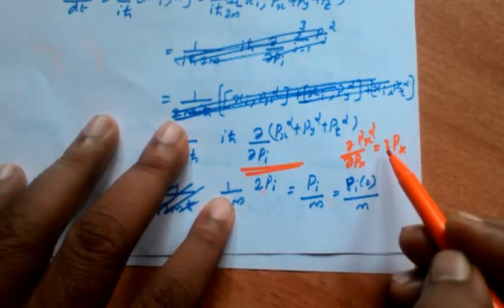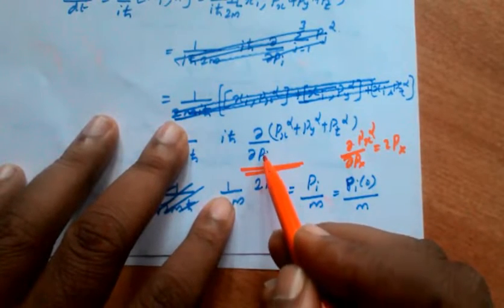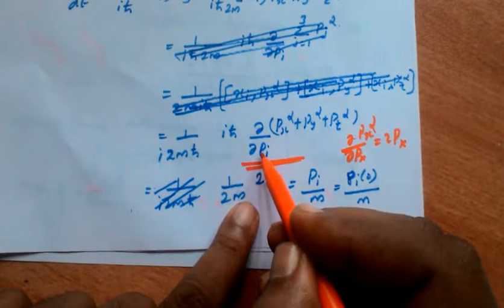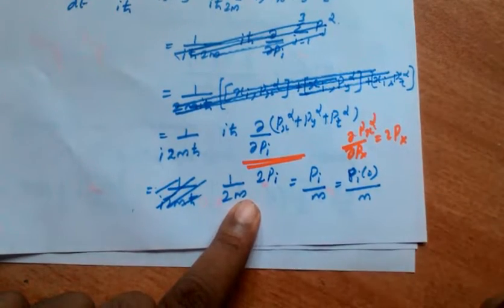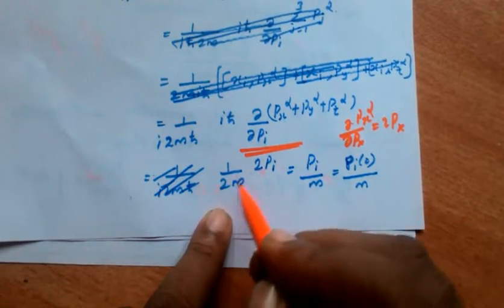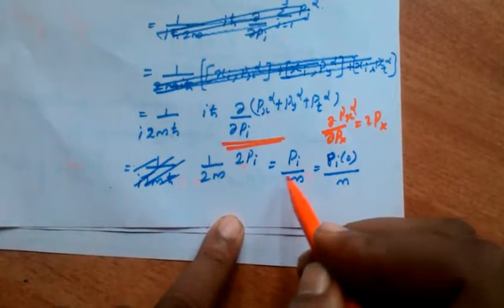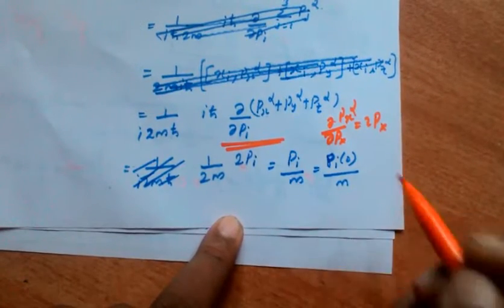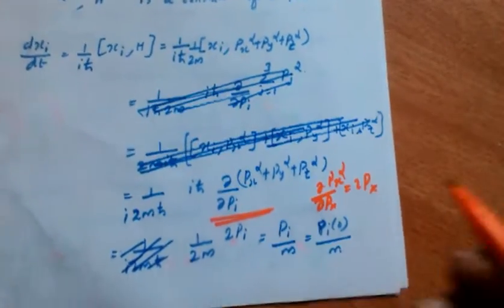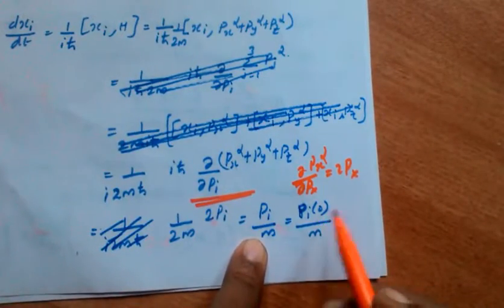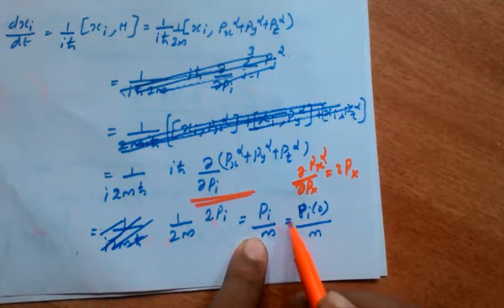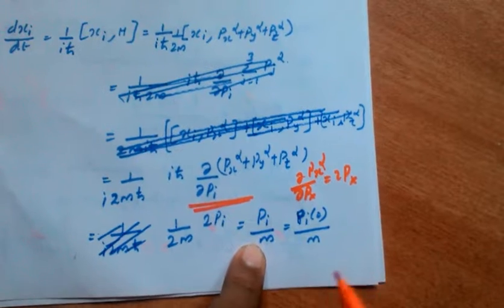If it's py, then we will get 2py. If it's pz, then we will get 2pz. So generally I can say 2pi. So 1 over 2m into 2pi equals pi over m. Actually, we have earlier solved that momentum will not change with respect to time. So I can say that pi of 0 over m.